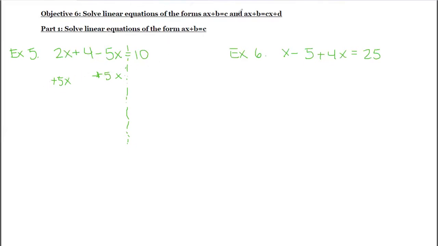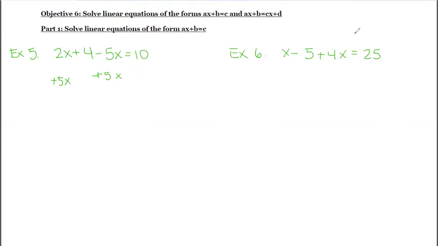So first, before you can start moving stuff across the equal sign, you want to make sure that each side is simplified. All of the problems that we have done before this point, please note that on the left and the right side, it was fully simplified.